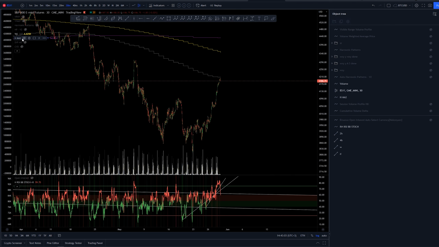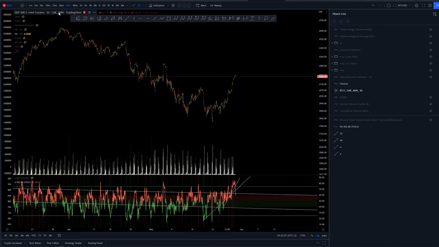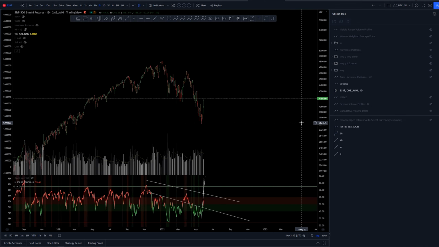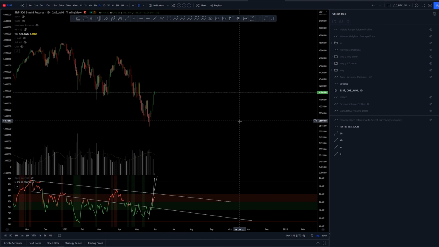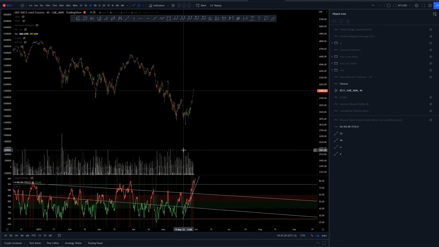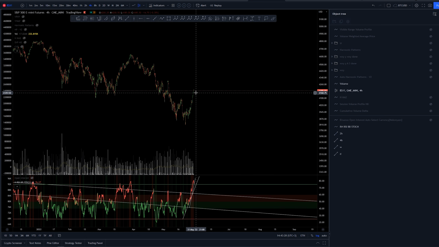Let's close this up. I've actually moved my count over to this ES1 just because this chart has volume, so we can analyze that as well. Just on a daily, let's go back to 4 hours. We can see that volume since the lows here has been going down. It's decreasing as price is getting higher and higher.